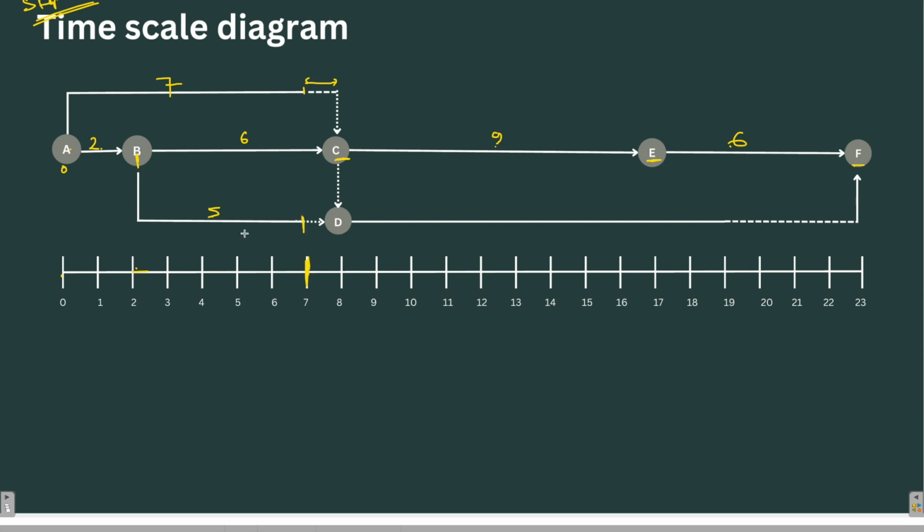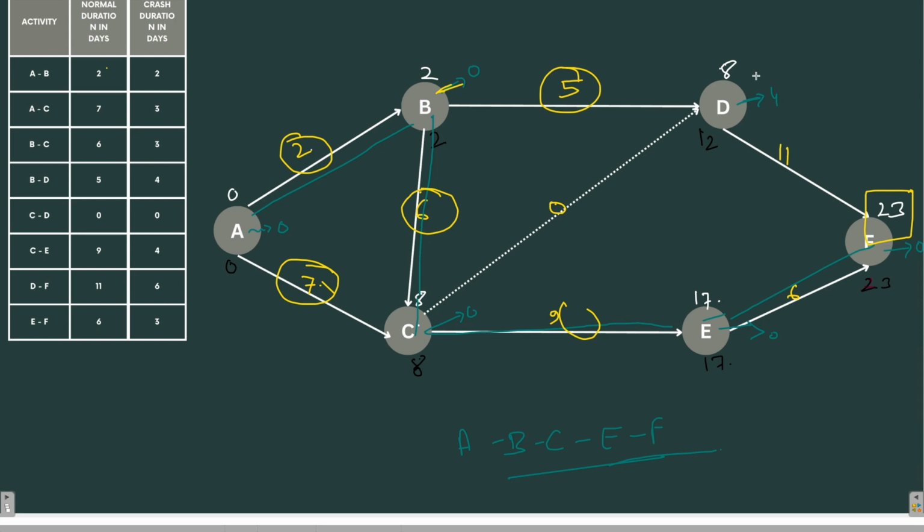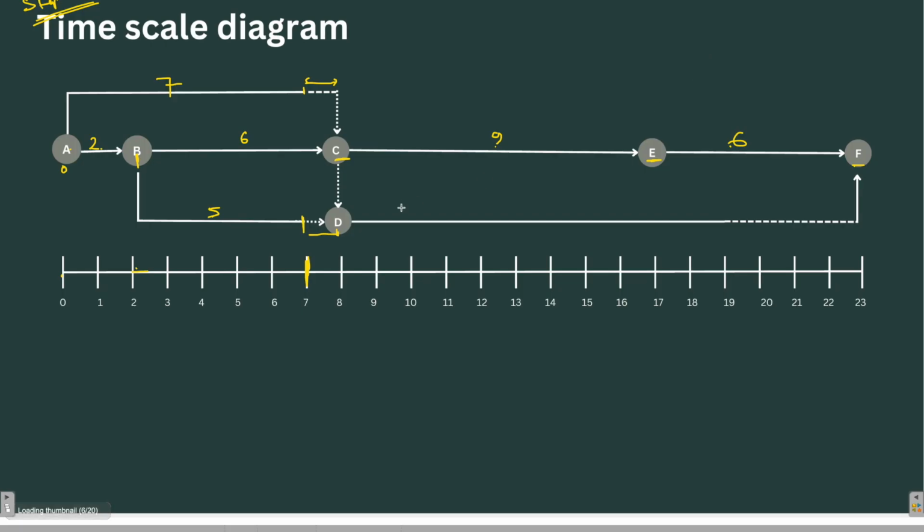So till 7, I can draw a solid line, and this one day I have to draw by dashed line because it represents the float of the activity. That means it is the extra time. And activity D is starting at the 8th day. Earliest expected time is the 8th day. So I cannot draw D here. I have to draw D here only, just above the 8 mark.